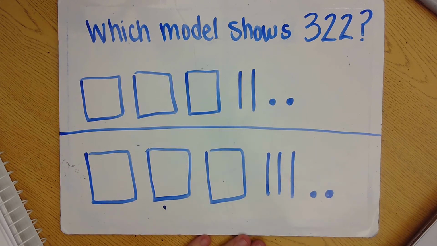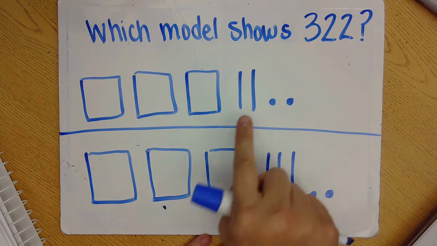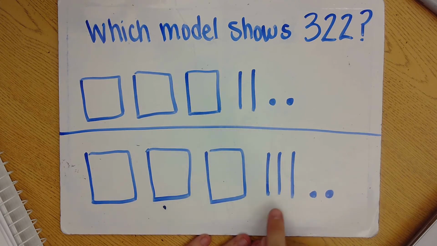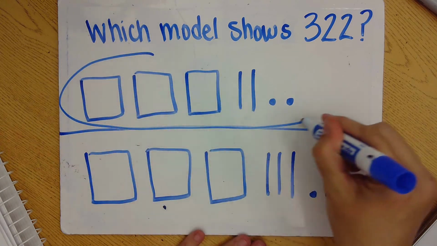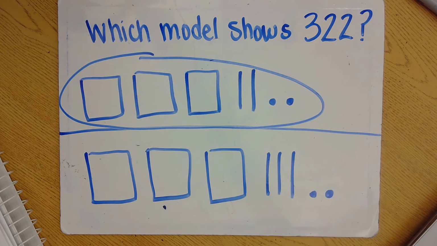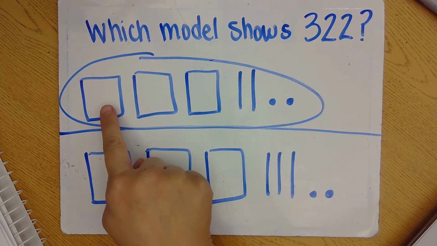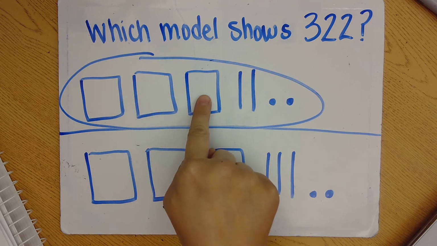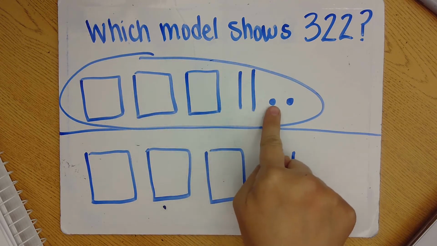Both of these have 2 cubes each, so that goes in the ones place. Well, let's look at the tens place number. 10, 20, 10, 20, 30. If you picked the top one, you are correct. This says 322.